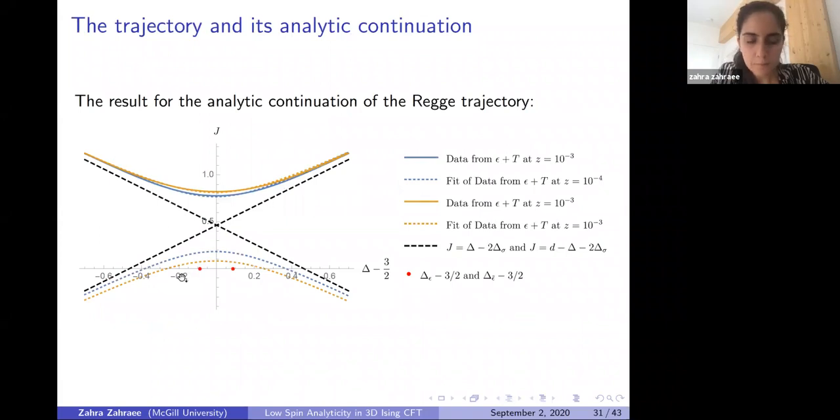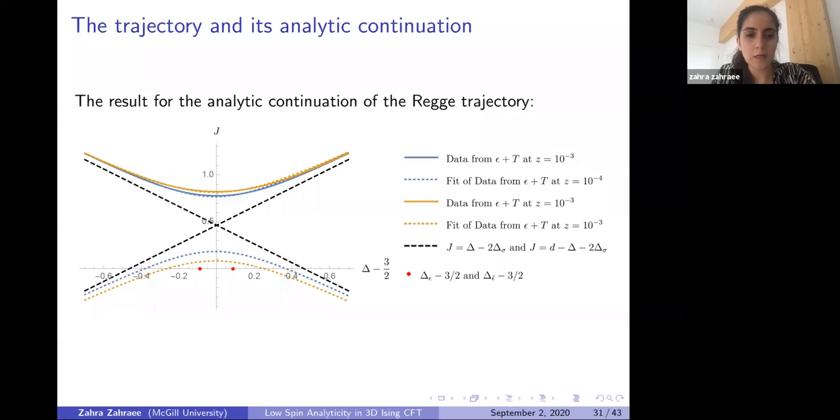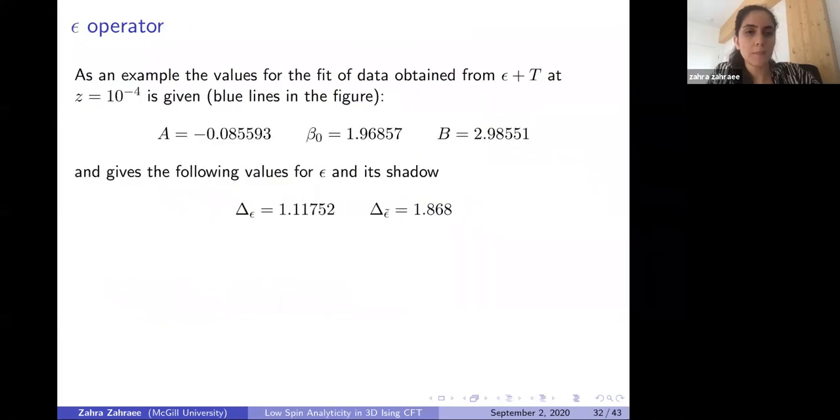However, for the lower branch, we can see that, first of all, the distance from the data is not negligible. Also, the fit lines do not include epsilon. However, that distance is kind of compatible with the distance they would need to include epsilon. So our error is compatible with the lower trajectory including epsilon.